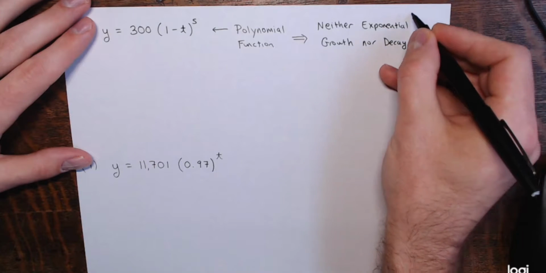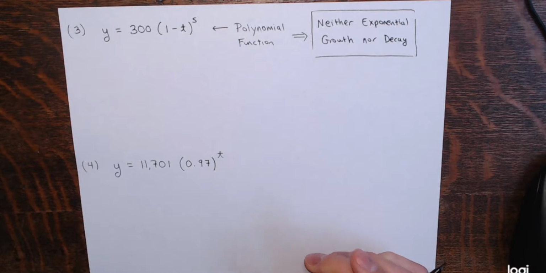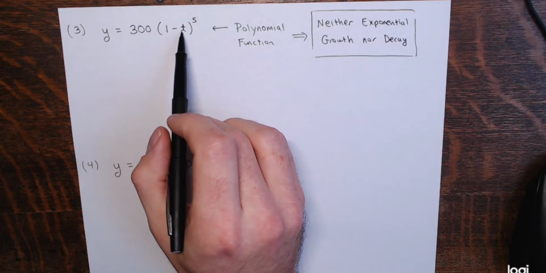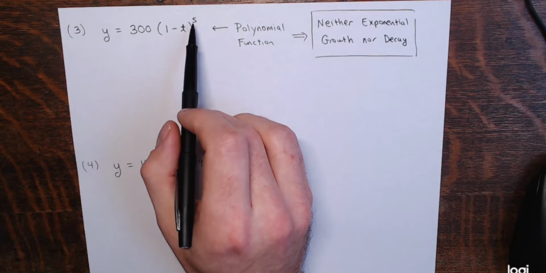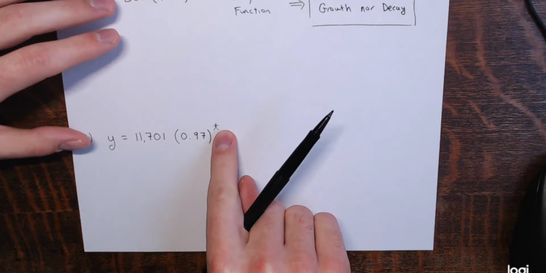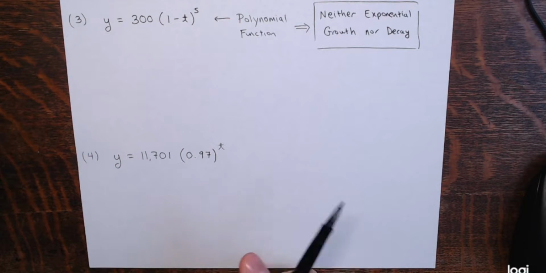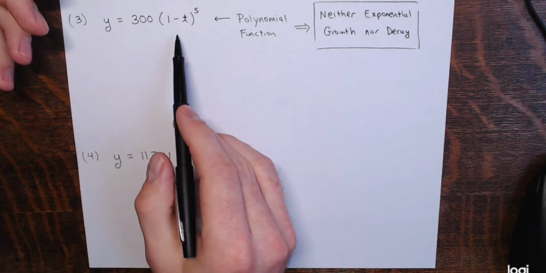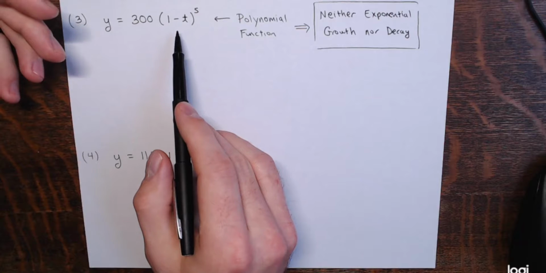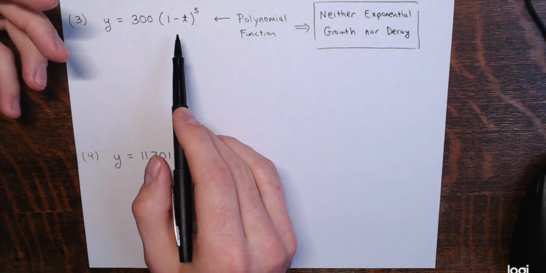I hope that makes sense, right? It's not an exponential function because your base has a variable and the exponent is a number. In exponential functions, the base is a number and the exponent has a variable. It's the other way around. And again, you can look at the graph of this, and you'll see that it doesn't have the properties of an exponential function graph. It doesn't have a horizontal asymptote.